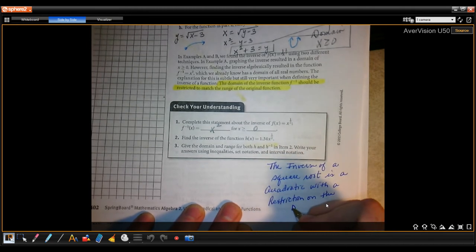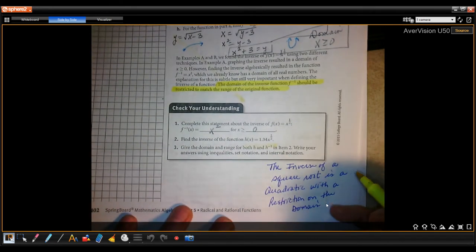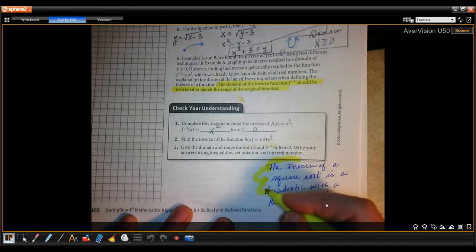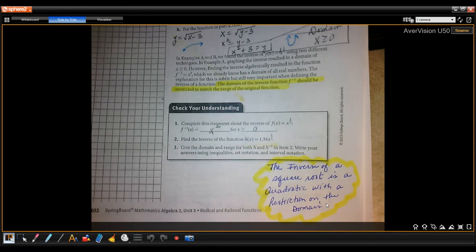Super, super important. You will use this in pre-cal for sure. So the inverse of a square root is a quadratic with a restriction on the domain. Highlight, circle, bubble, whatever. You need to remember that because you will use that in pre-cal again.